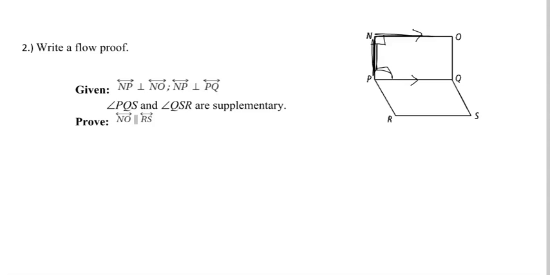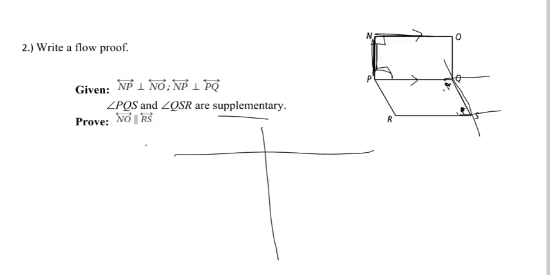We also know that PQS, this angle and this angle over here are supplementary. What type of angles are those? SSIA. Knowing that they're supplementary, does that help us? It does. It shows that these are going to be parallel. And then we can use the transitive property.